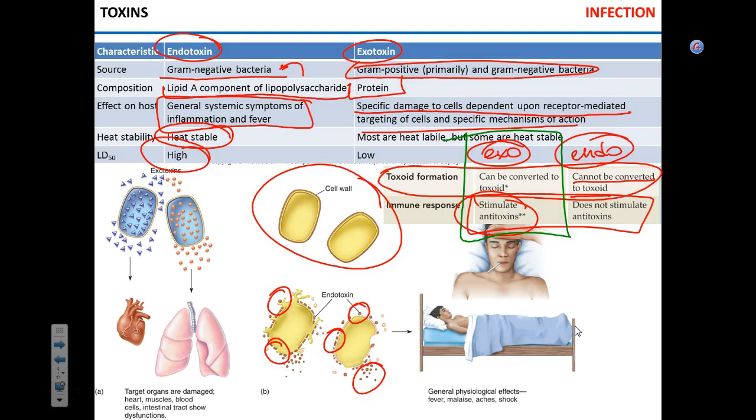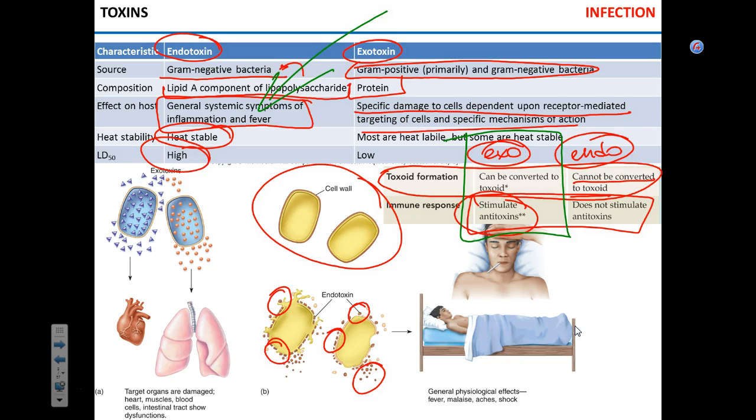And I have all those horrible symptoms with fever and whatnot. And I recover. And then 2 months later, I somehow get infected with the same Enterobacter again. Am I going to develop fever again? Yes, because endotoxin did not stimulate a specific immune response. It will go and stimulate these general systemic symptoms of inflammation again.